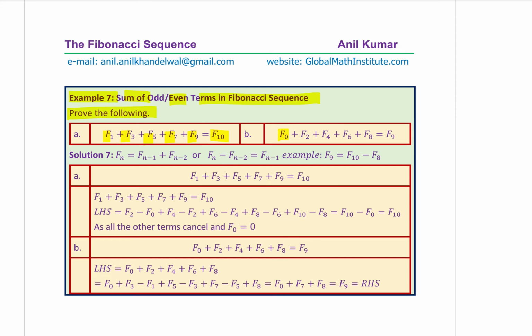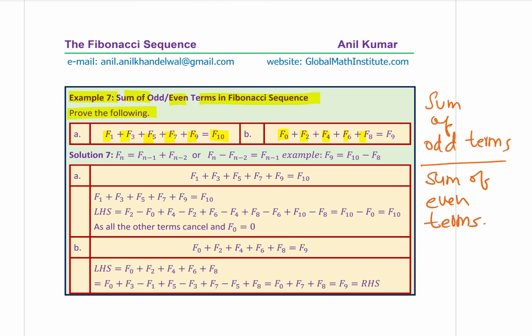Second is f0 plus f2 plus f4 plus f6 plus f8 is what? So basically, we have two examples for you. In the first one, we're talking about the sum of odd terms, and then in the second one, we're talking about the sum of even terms. Is that clear to you, right?